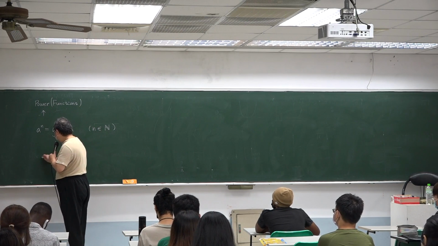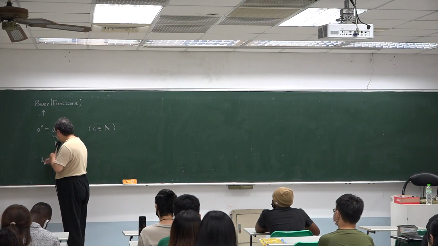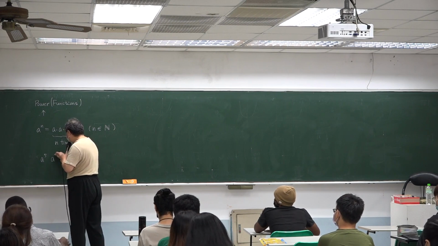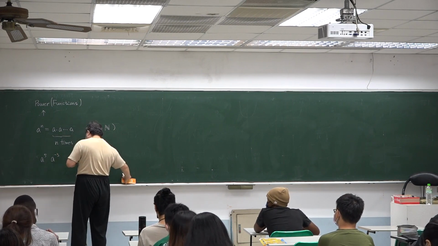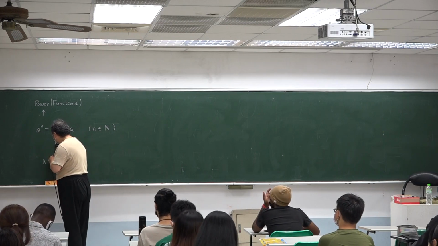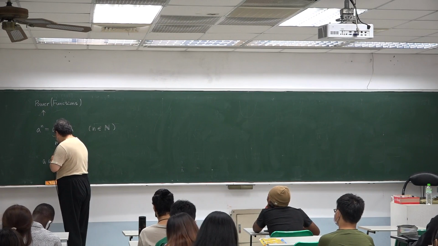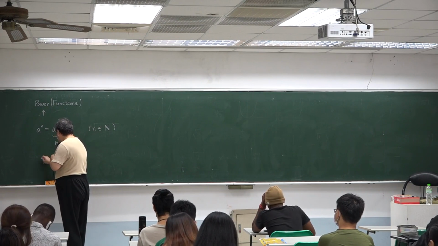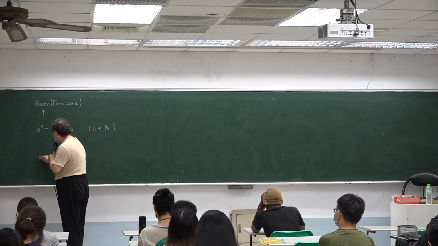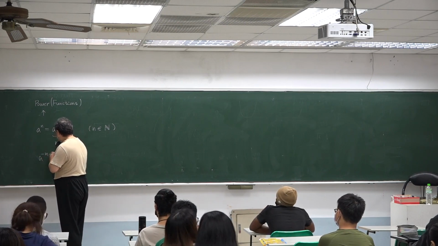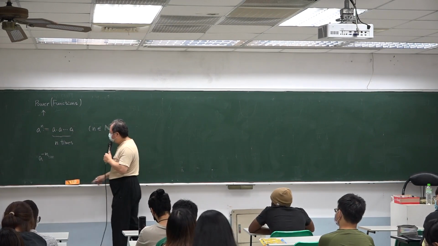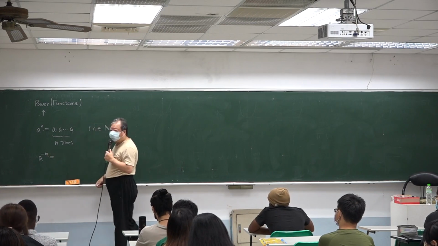Then, how to define the exponent which is a negative integer?